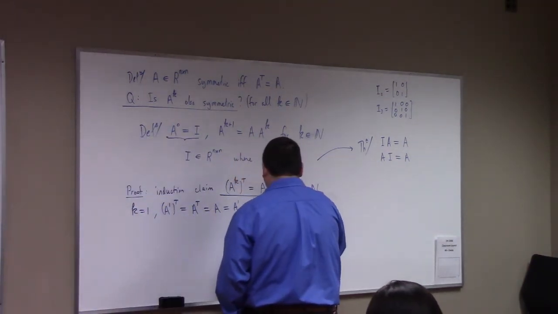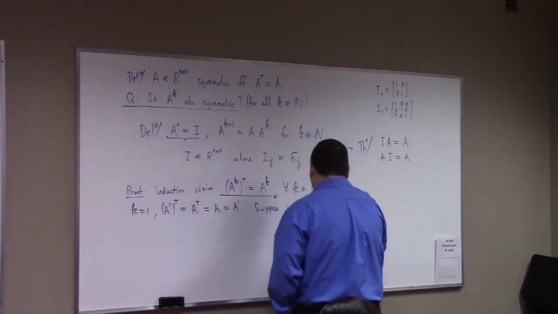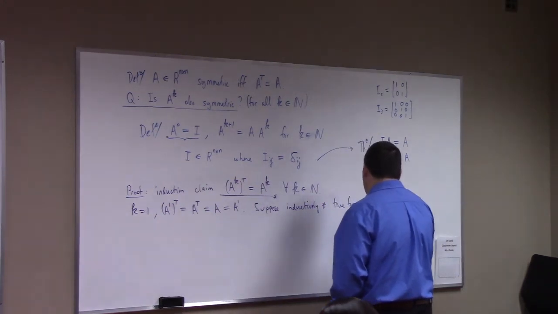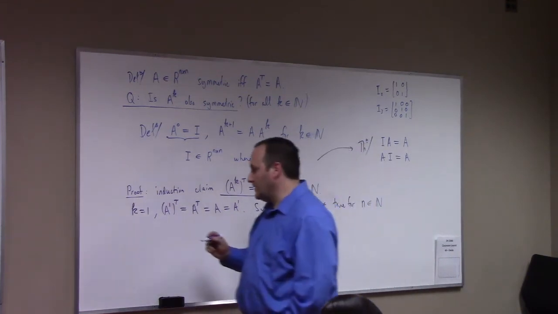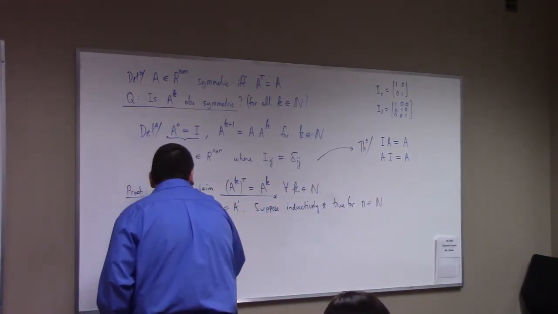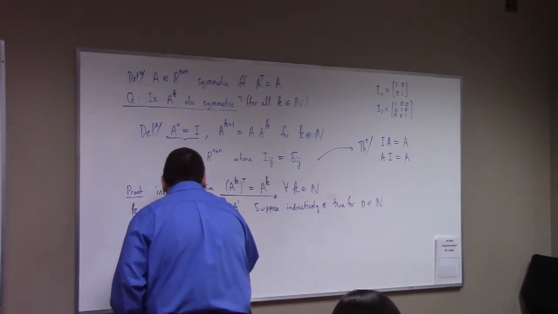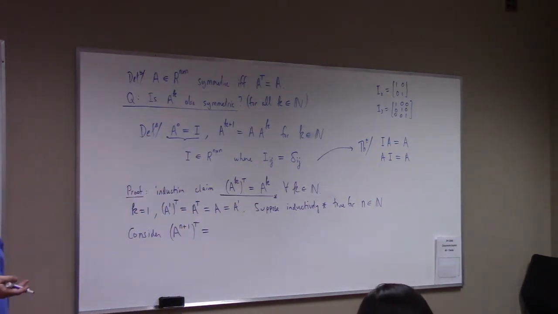Suppose inductively star true for n. Consider A to the n plus 1 transpose, right? Now, by definition, A to the n plus 1 is what?